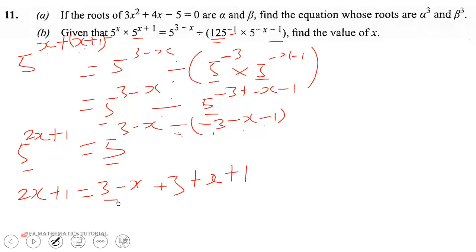So 3 plus 3 is 6 plus 1 is 7. So we have 7 here, and this will go away. So we bring the 1 here, it becomes 7 minus 1 is equal to 2x. So 2x will now be equal to 6. So x will be equal to 3. So the value of x is 3.